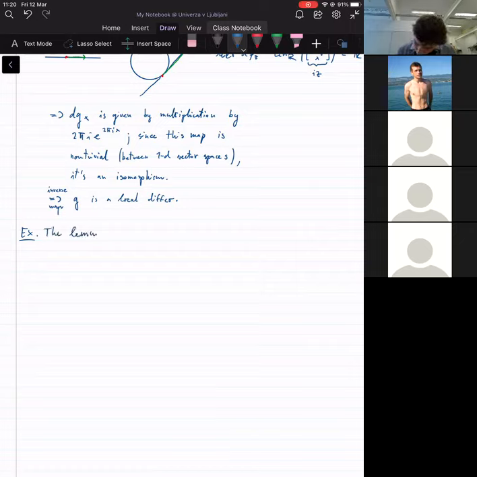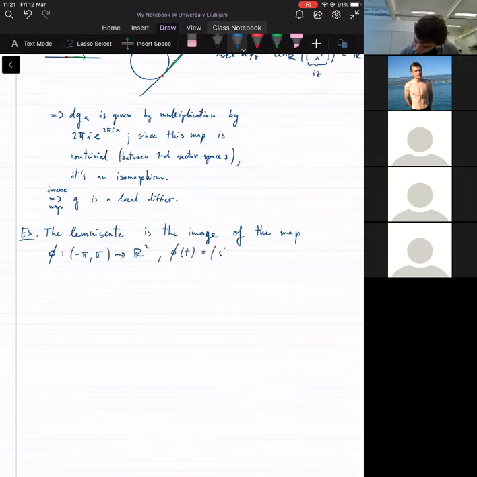The lemniscate is the image of the map phi from minus pi to pi into R squared, given by phi of t equal to sine 2t on the first argument and sine t on the second argument.